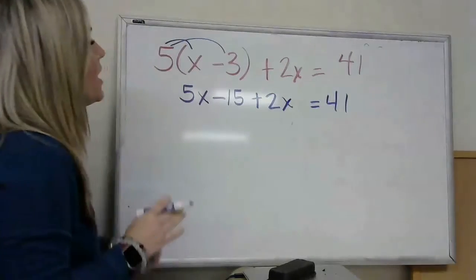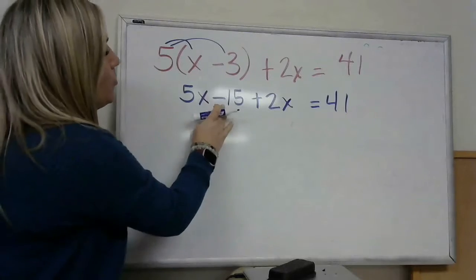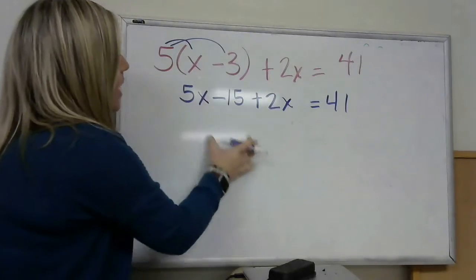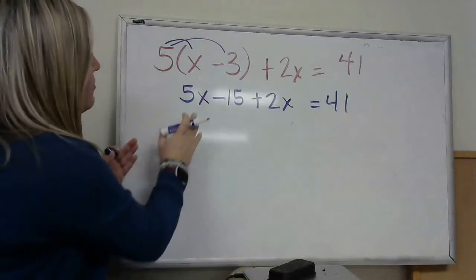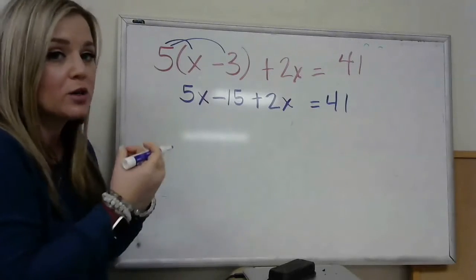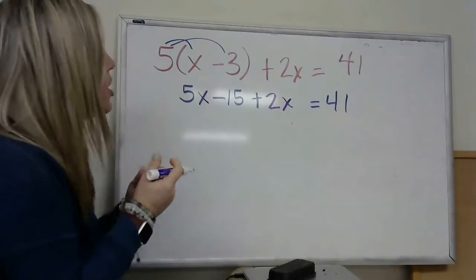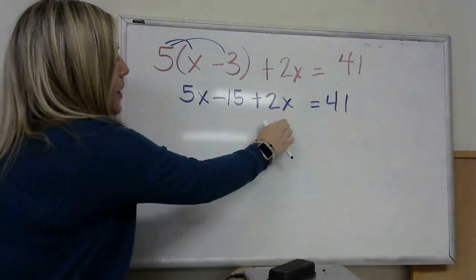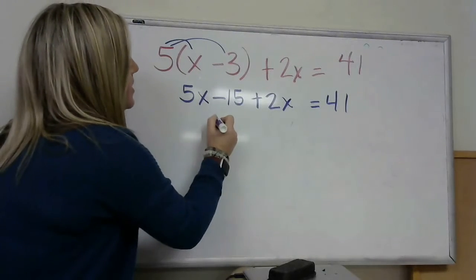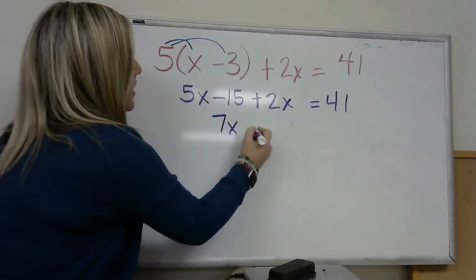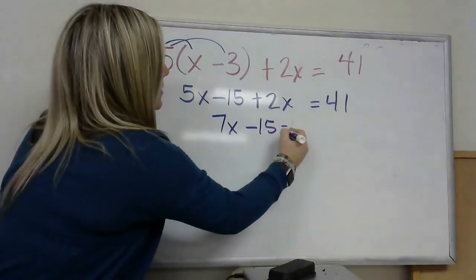Now what I can do, I can either move this 15 over, or I like to just combine my likes. So now I have likes: I have 5x and 2x. So personally, I like to add those two together. I have a positive 5x and a positive 2x. So when I combine those two, 5x plus 2x is 7x, and then minus 15 is equal to 41.